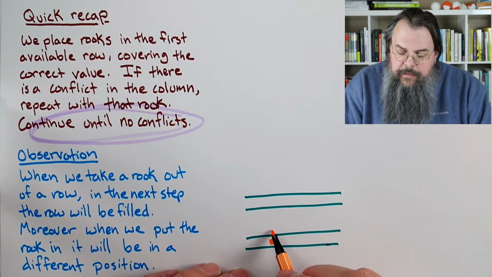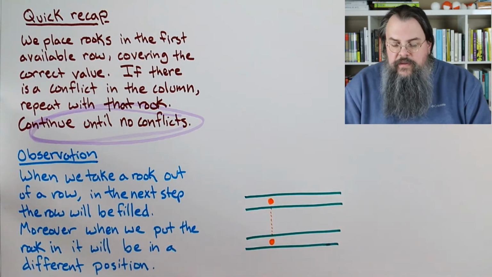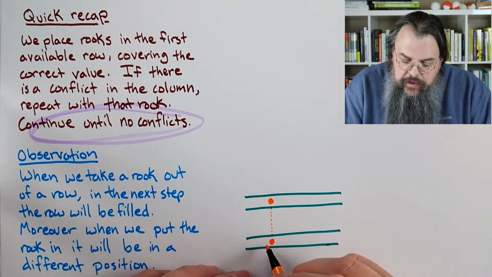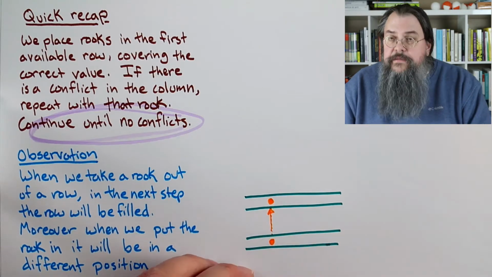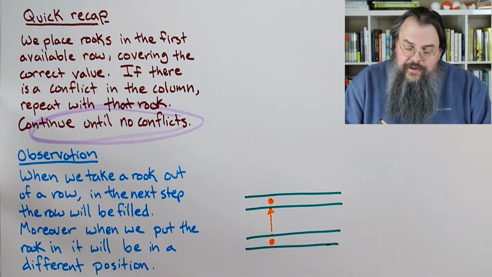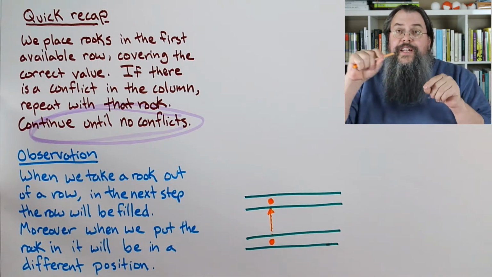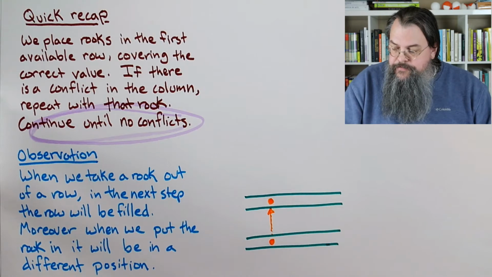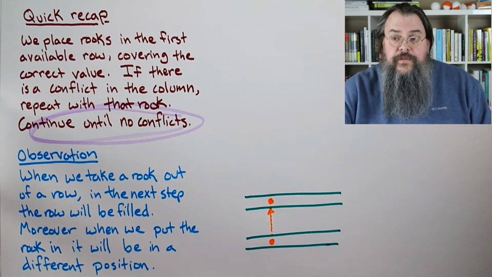And now what happens is that there is a conflict somewhere else. So this is I place, and I'll put an arrow saying, conflict. Okay. So now this is the rook that we have to move. So that's the one we're taking out of a row. Now, where does it go? Well, it goes to the first available row.